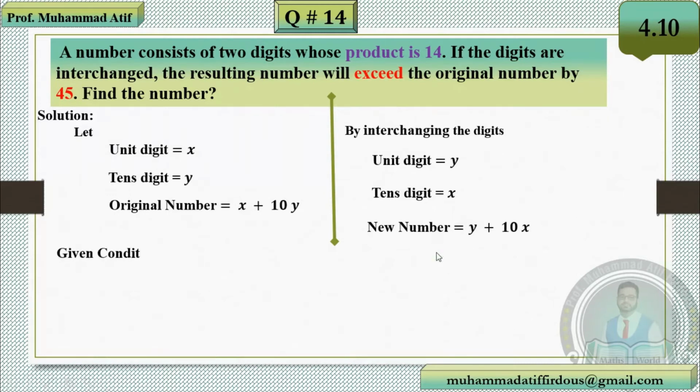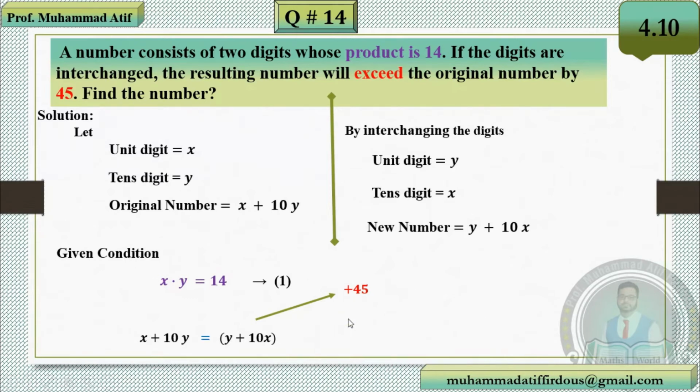Now according to the given condition, the product of these two digits will be equal to 14, like we did in our previous question. Then the second condition: if the digits are interchanged like this, the resulting number, y plus 10x, will exceed the original number by 45. This time this number is increased by 45. So the new number exceeds by 45.